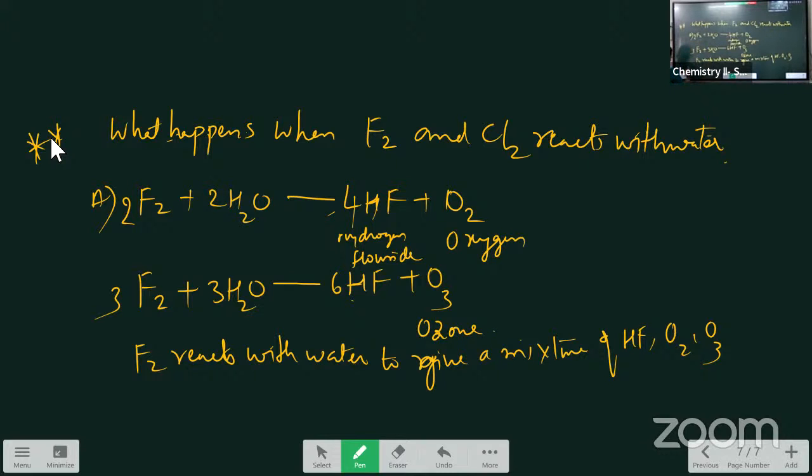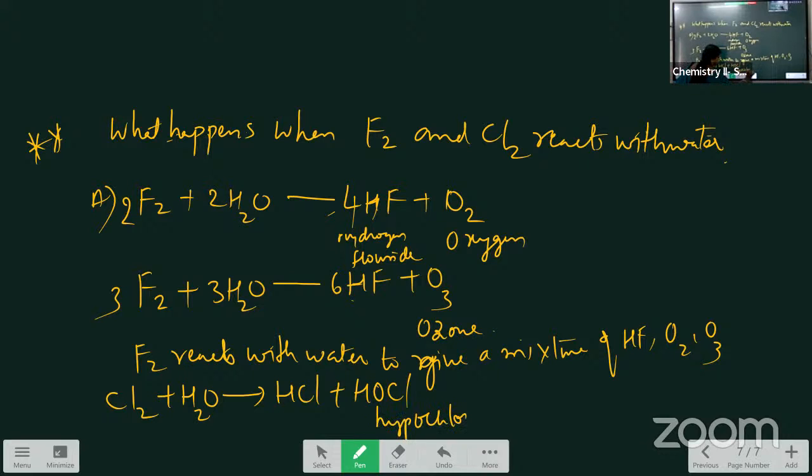We have written with F2, then we'll write with Cl2. Cl2 reacts with water to give HCl plus HOCl, hypochlorous acid.